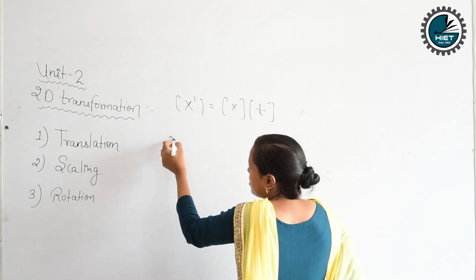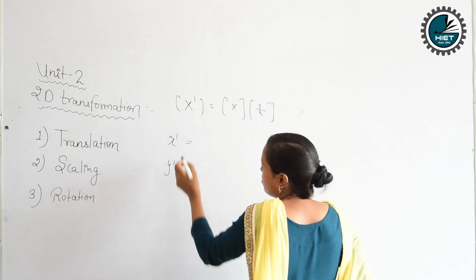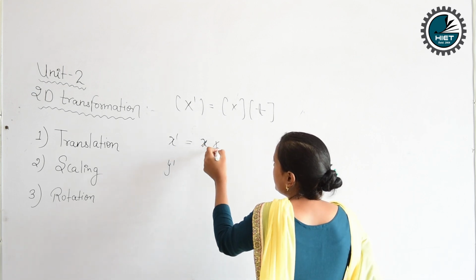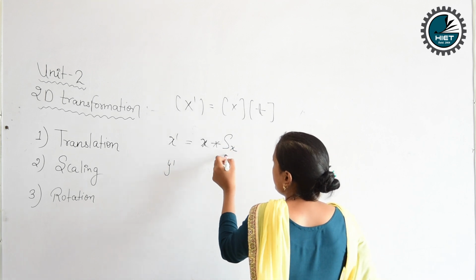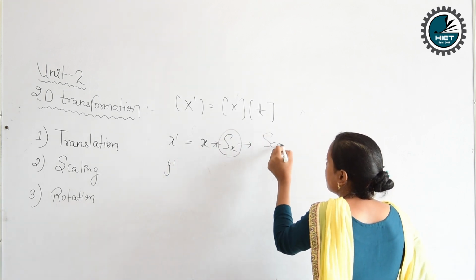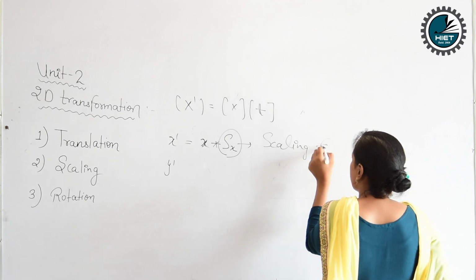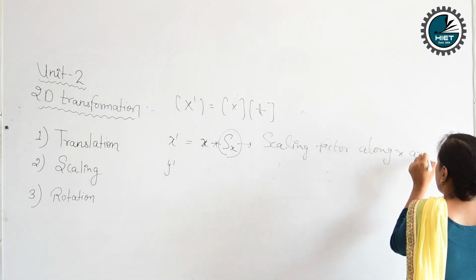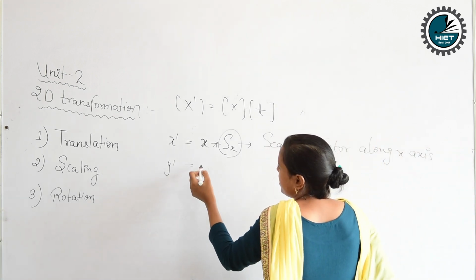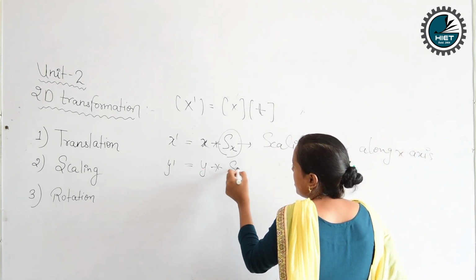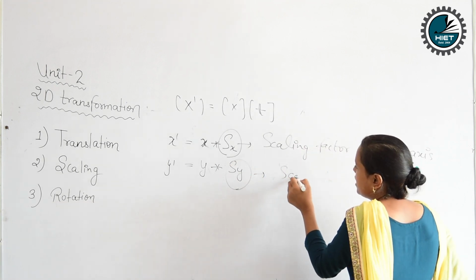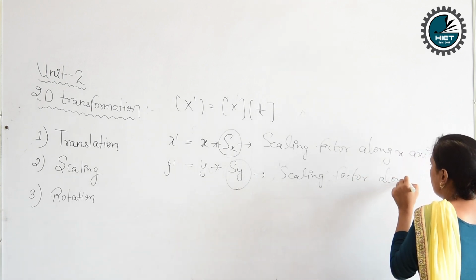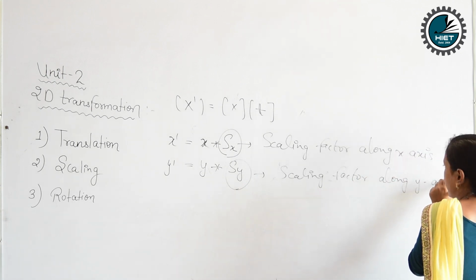For scaling, suppose X dash, Y dash: x dash equals x multiplied by Sx, where Sx is the scaling factor along the x-axis, and y dash equals y multiplied by Sy, where Sy is the scaling factor along the y-axis.